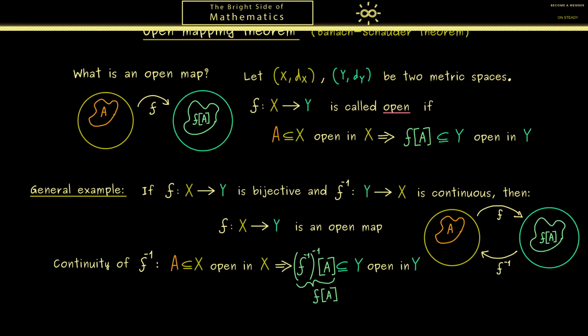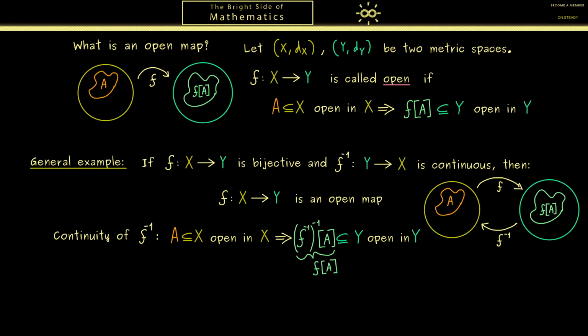Okay, then let's write down some concrete examples of open maps. Maybe a simple example would be to look at a normal function between the real numbers. Of course, R is just given with the standard metric, which means the absolute value, and I want to send x to x cubed. This has to be an open map because f is bijective and the inverse is continuous. In the same way, we can construct a counterexample.